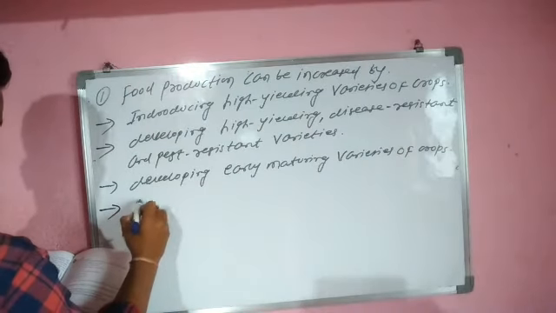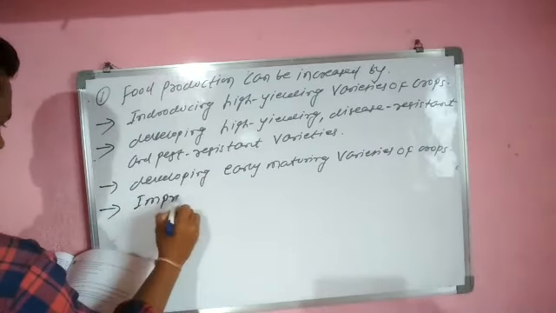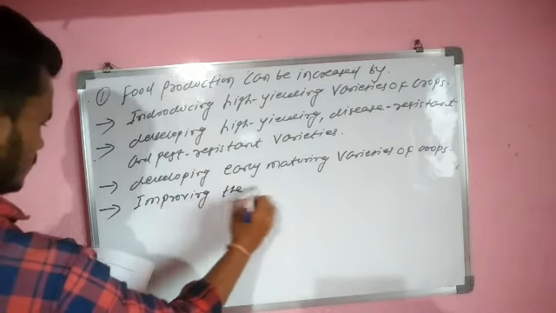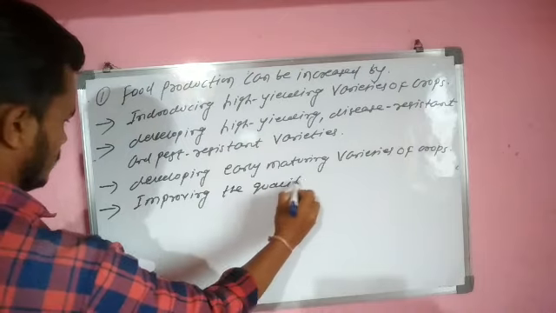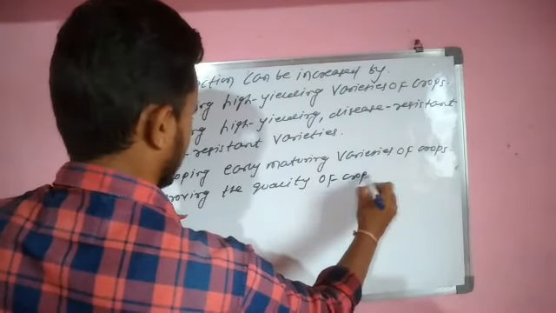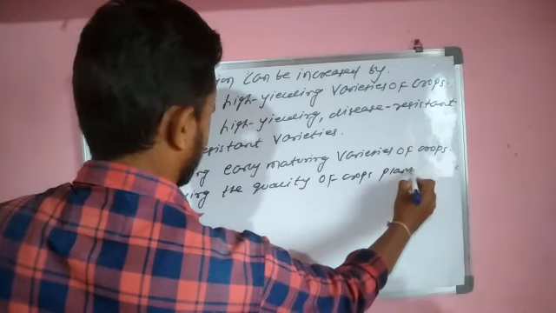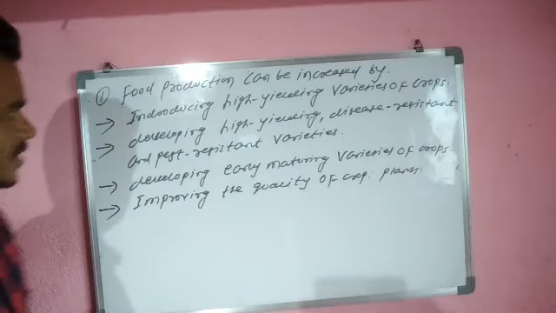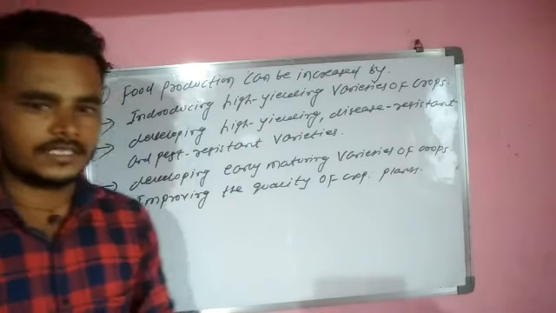Now see, improving the quality of crop plants. Understand? So with the help of these methods, food production can be increased in India.